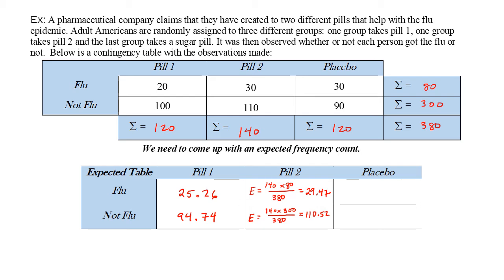Now let's do the placebo. What would we expect for each of these? So for this one, we've got 80 in the row, 120 in the column. That gives me an expected value of about 25.26. Actually, notice it's going to work out to be what we got here.